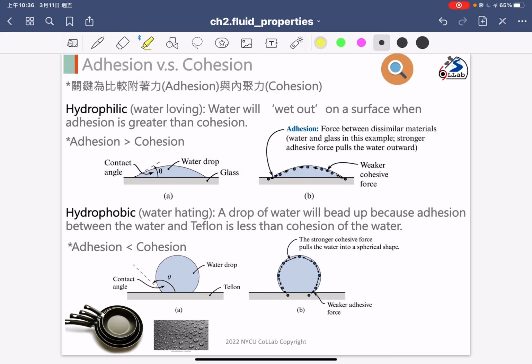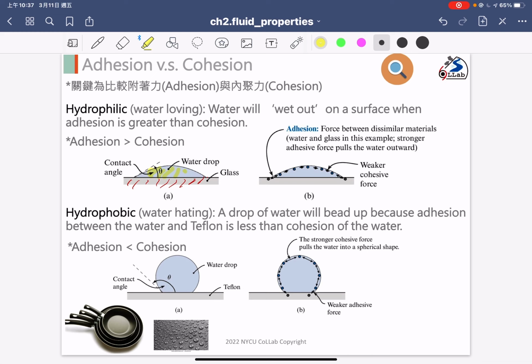But if we put a different material, like here, this is glass, and you put the water on the glass, you see the shape. Here you can see the shape of the water is flat. It does not become a bubble.